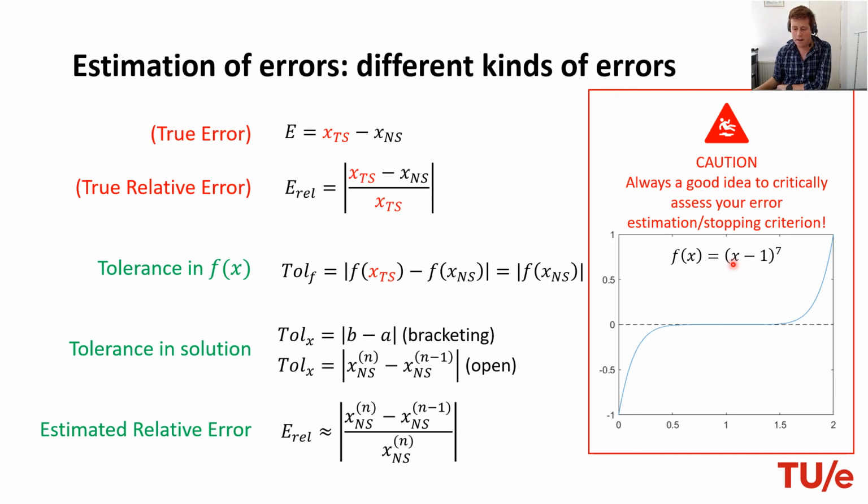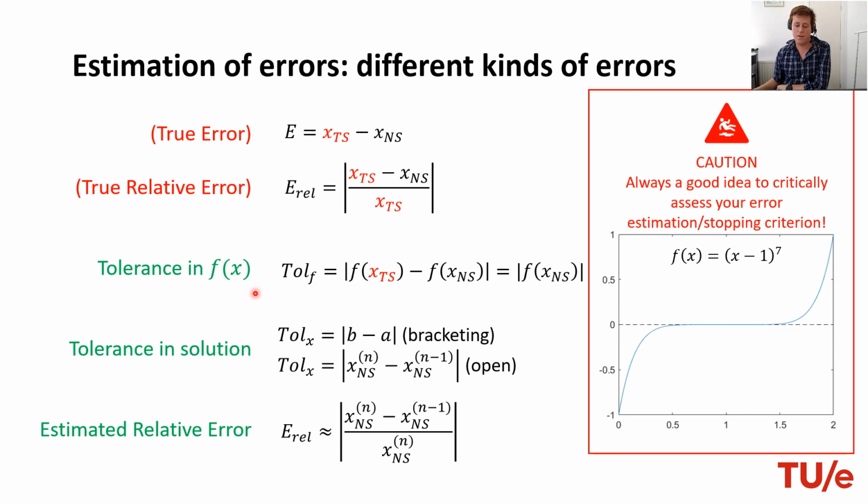We know that the true solution to this problem is x is equal to 1, because that's easy to solve for. But at x is equal to 1.25, if we were to apply this tolerance in f criterion, we see that f is already extremely small at this point.